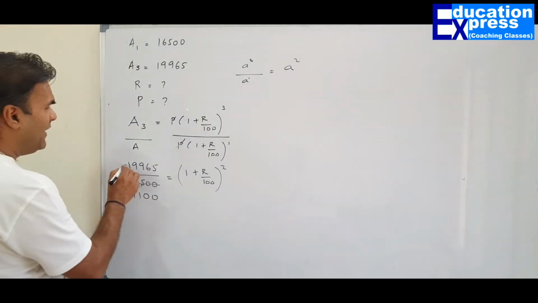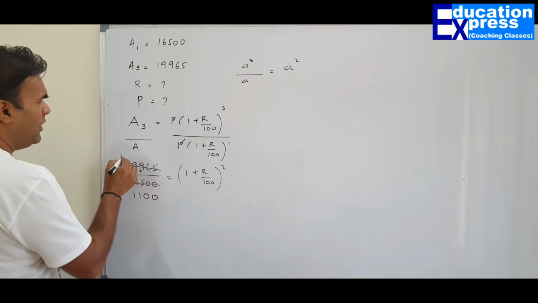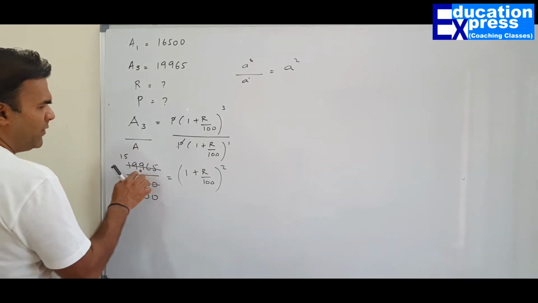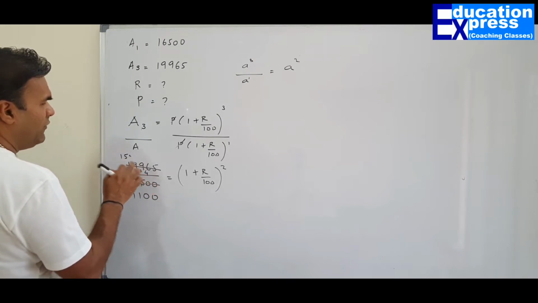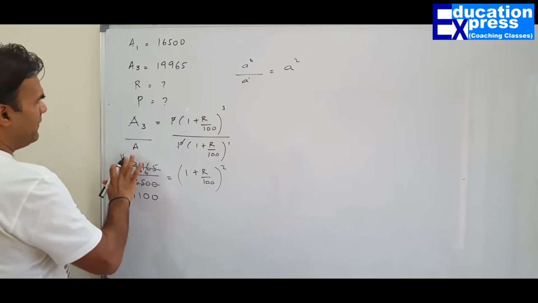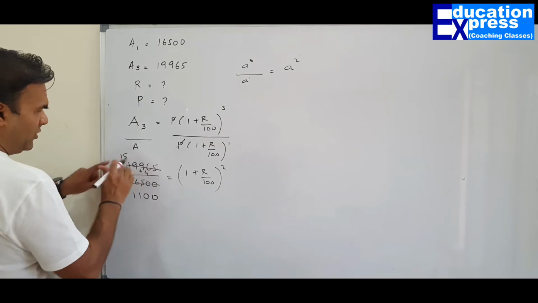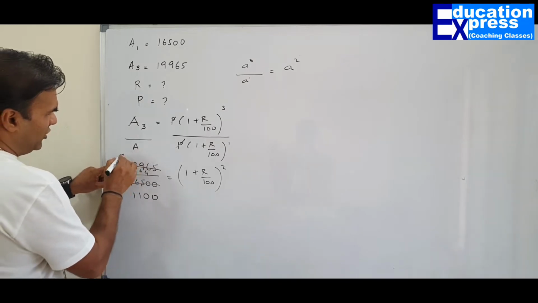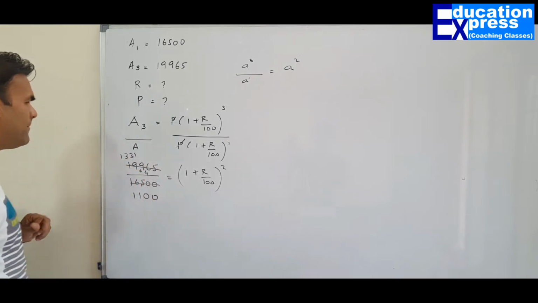Whereas if you divide the other number by 15, 15 ones are 15, carry, and so on, you get 1331.